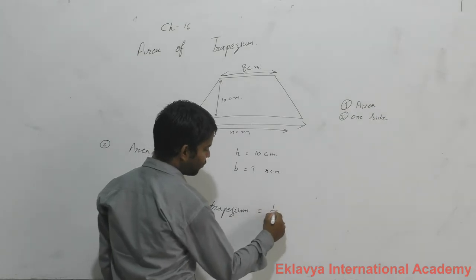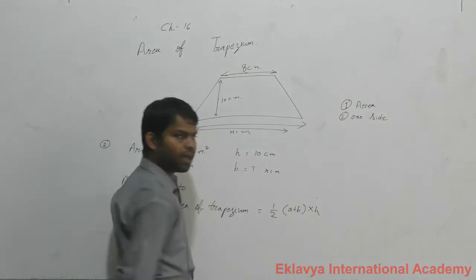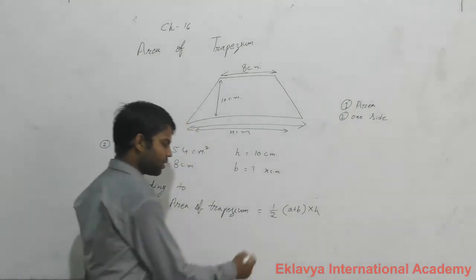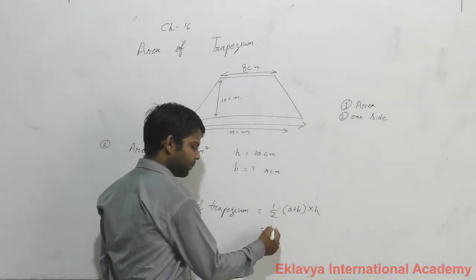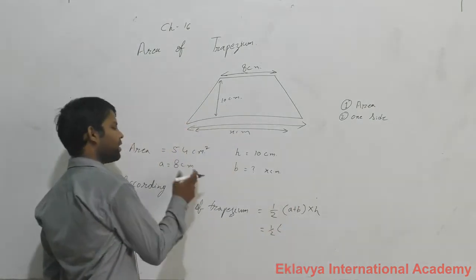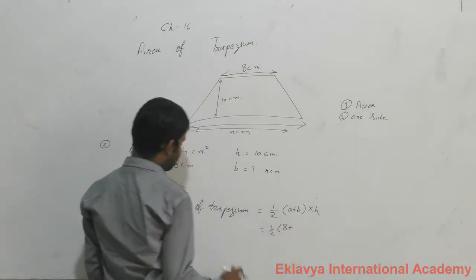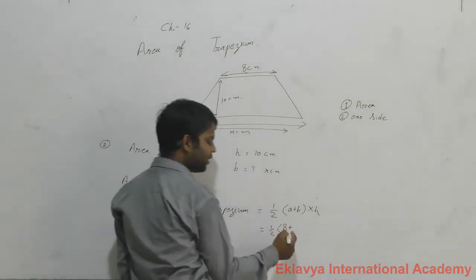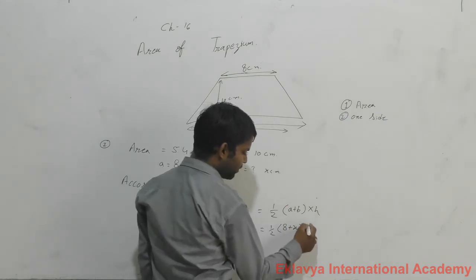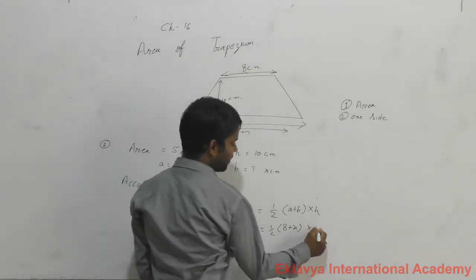is equal to 1/2 bracket a plus b multiply by height, is equal to 1/2 bracket a plus b. a is given 8 centimeter plus b, we assume it x centimeter, multiply by height 10 centimeter.